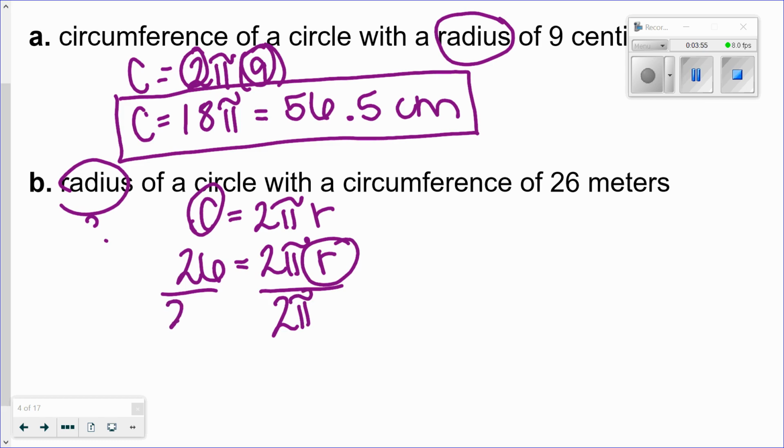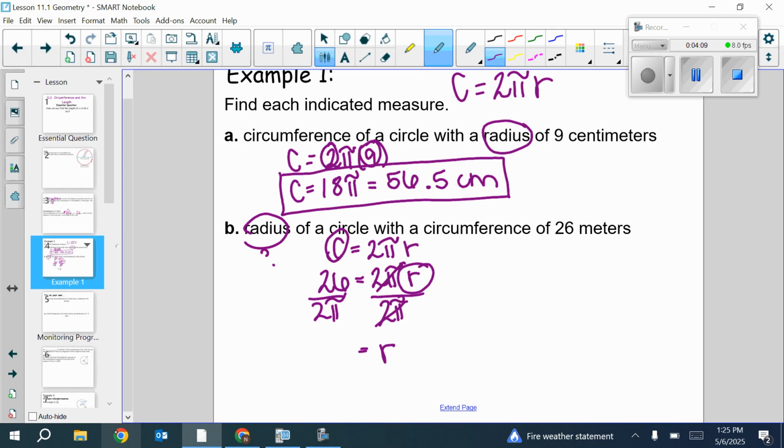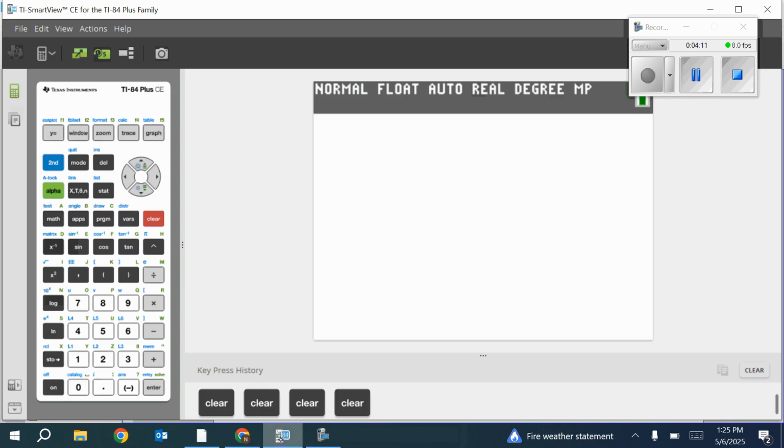Now something interesting happens here. If you have a calculator in front of you, go ahead and divide 26 by 2 pi. Let me grab my calculator here.